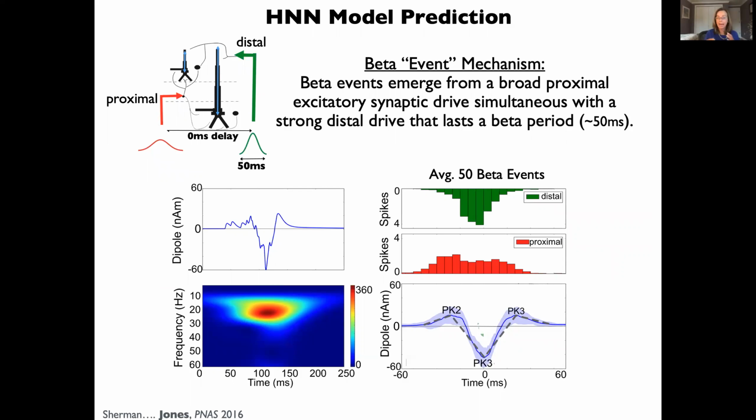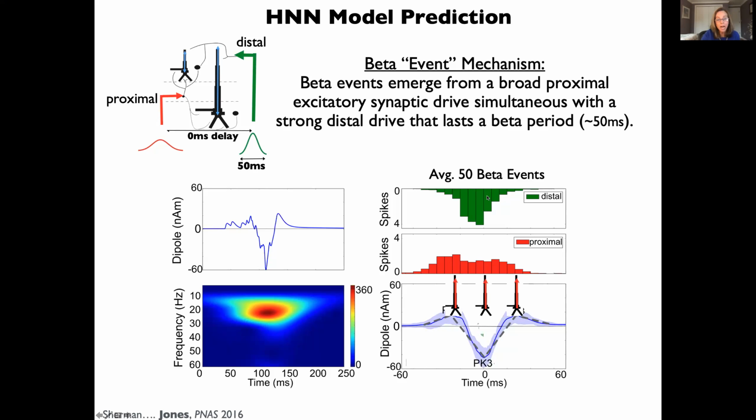And so to unpack how that comes about in the model, this is our model simulated beta event coming from the intracellular current flow in these pyramidal neurons that creates this high power signature activity in our frequency spectrum. This is a histogram of the driving spikes, these proximal and distal inputs that activate the local network. If I only had this proximal input, it would come in and drive the current flow up the pyramidal neuron dendrites, and I'd get a single positive deflecting peak like this.